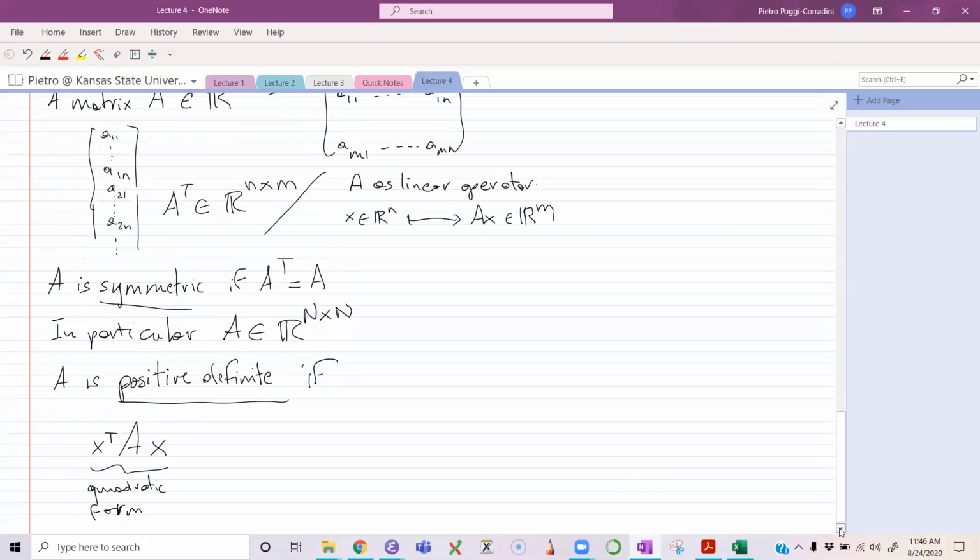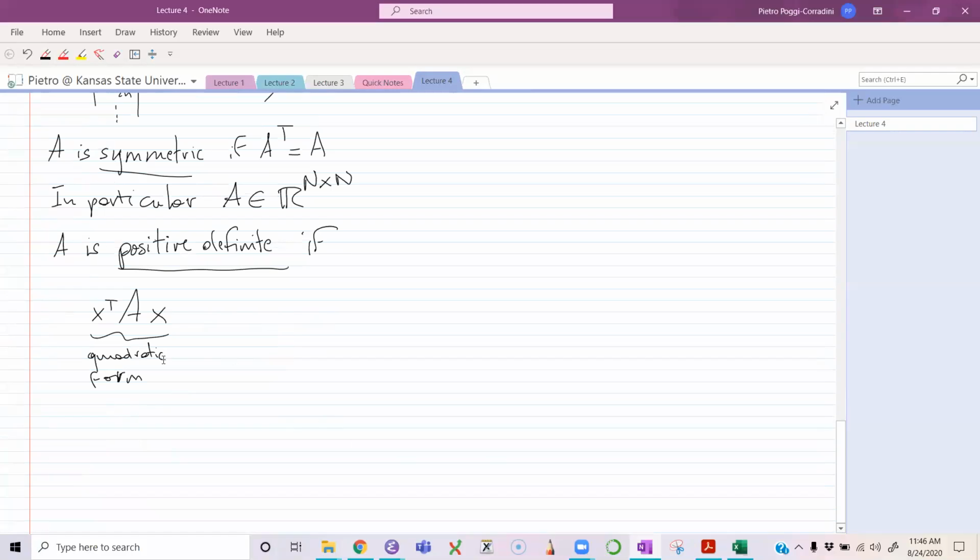But another point of view is to think of the quadratic form. You can have x on both sides, or you can even have x and y. You can have two variables. So the quadratic form actually will involve two variables.